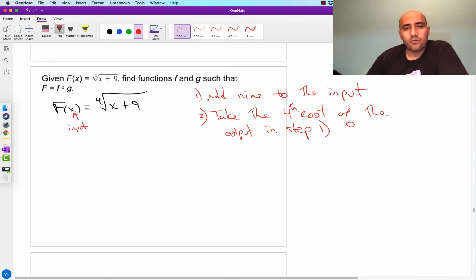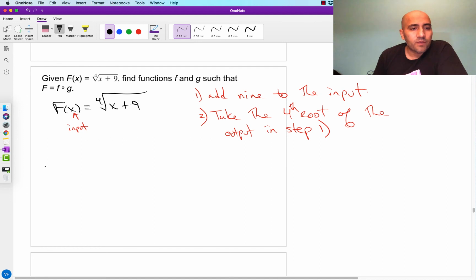So first add 9 to the input, then take the fourth root of the result. As long as we do those two things, we can break it up into pieces. We can find two pieces such that when we compose these two functions in this order, we end up with this. It might take a bit of guessing and checking, but one super easy, obvious way is to look at it this way.